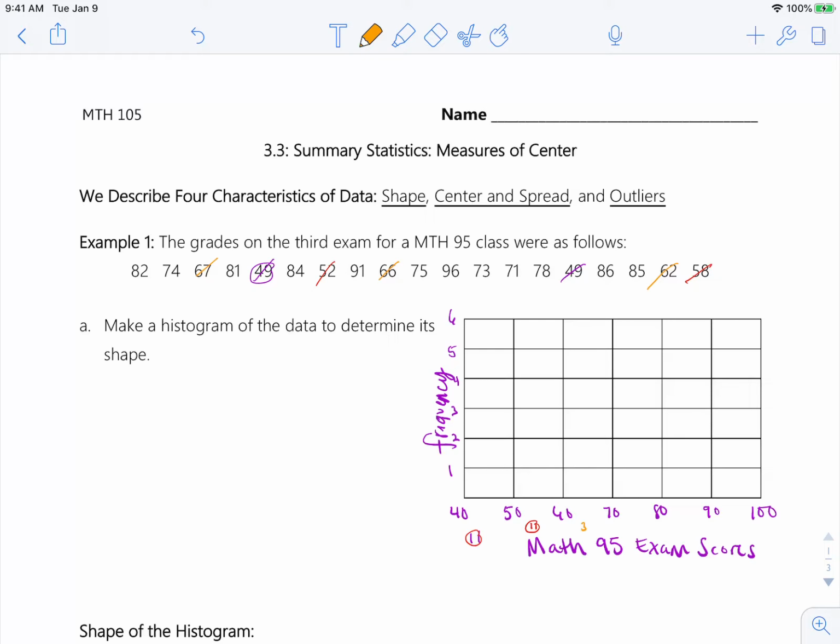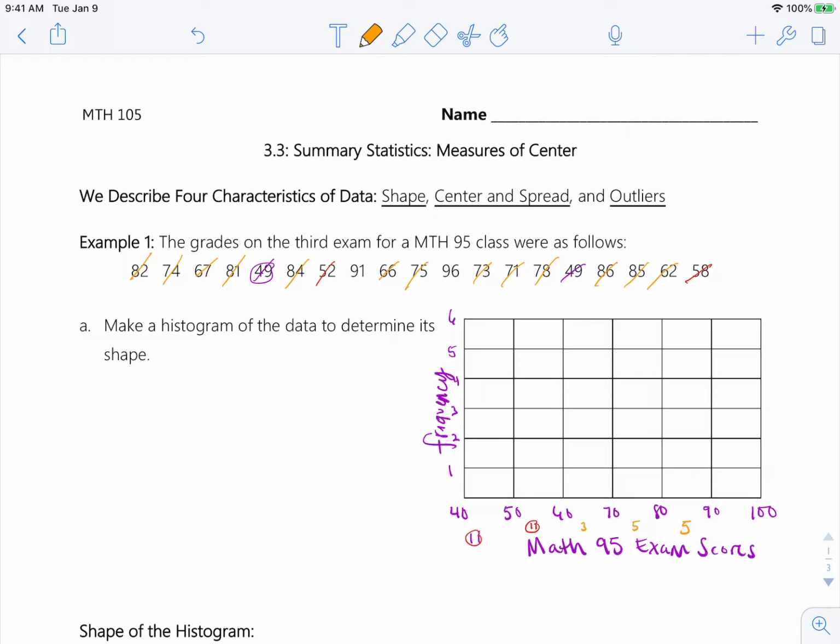And I'm just going to keep with the orange. All right, now I'm looking between 70 and 80. So we get a 74, 1, 2, 3, 4, 5. So we have 5. 80 to 90, 1, 2, 3, 4, 5.